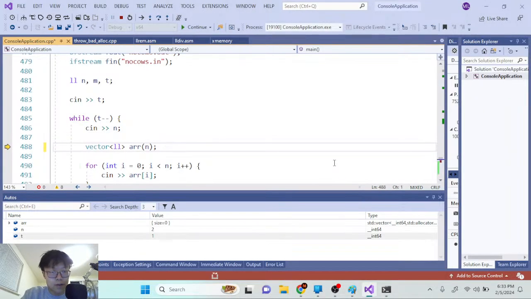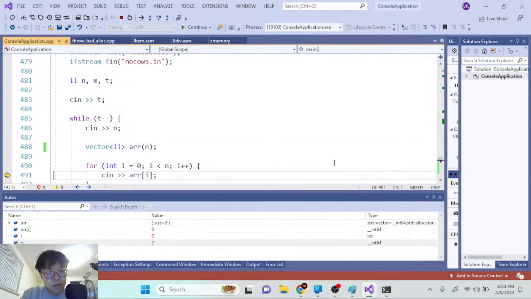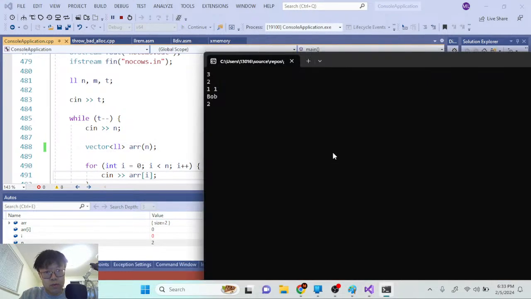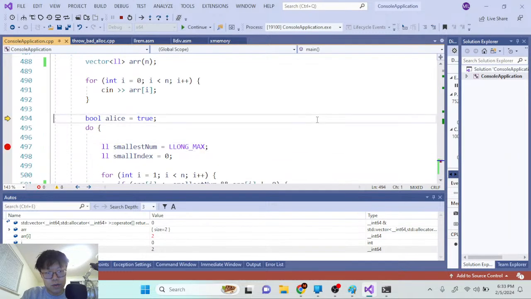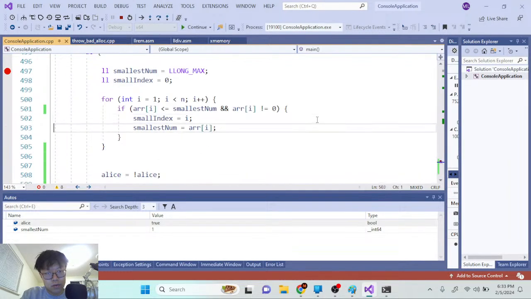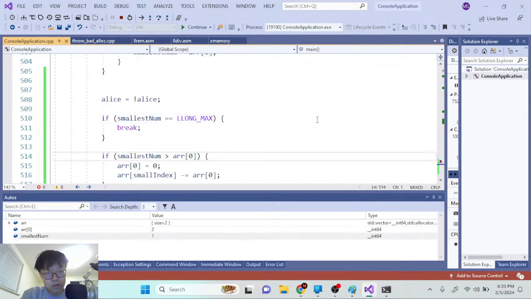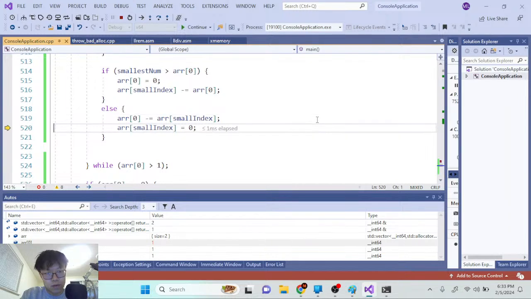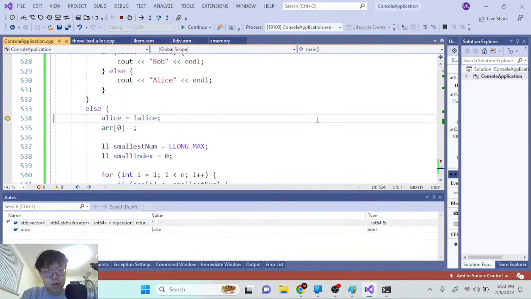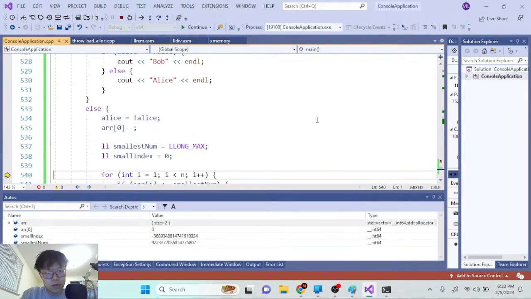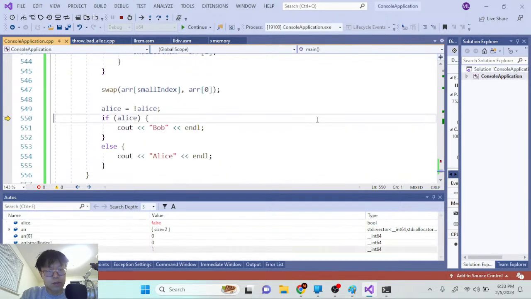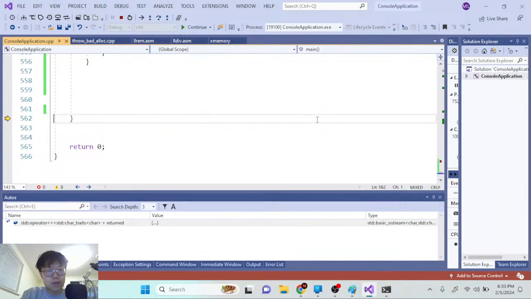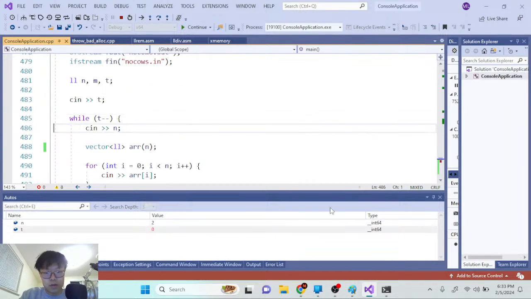Okay. 2, 1. So which turn is this? This is ridiculous. Oh, okay. Whose turn is this? 0-0. Okay. Alice's turn. That's right. Okay. What's the next one?